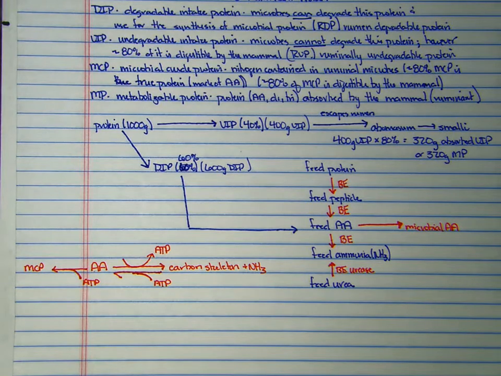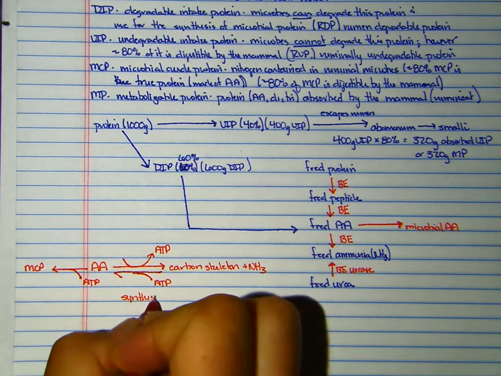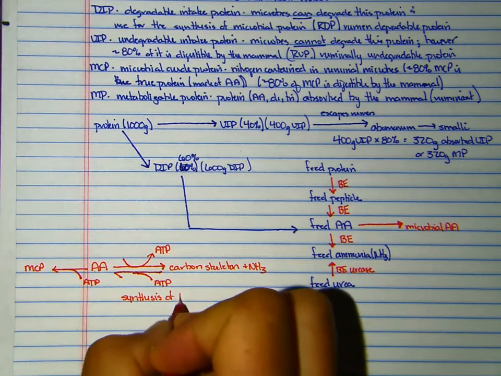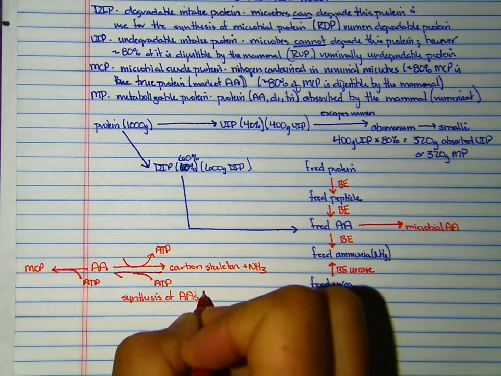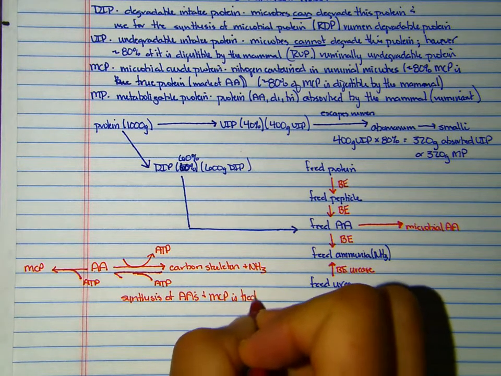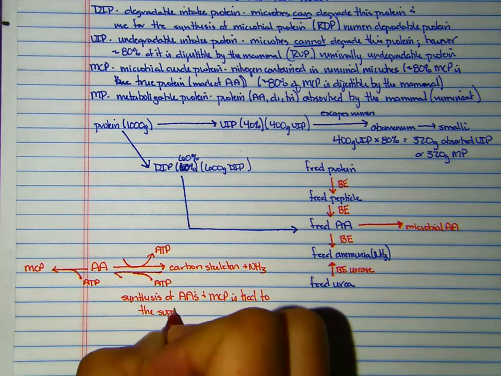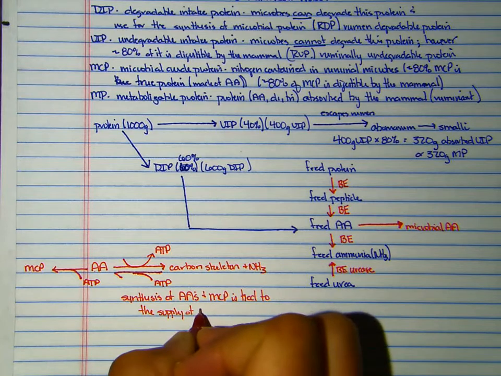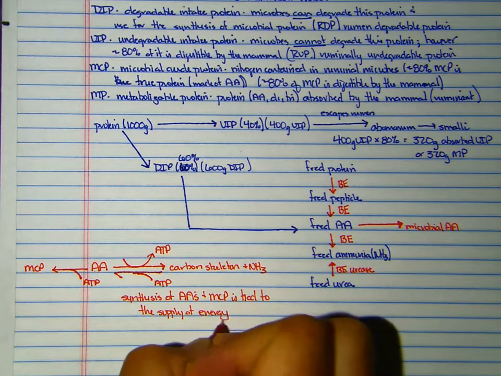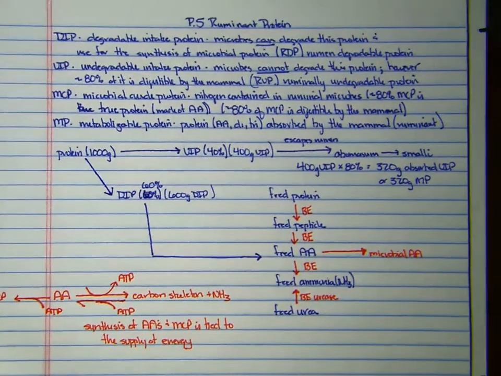Okay, so the synthesis of amino acids and microbial crude protein is tied to the supply of energy. And the more energy I provide, the more amino acids and microbial crude protein I can synthesize. Okay, hopefully that helps. We'll see.